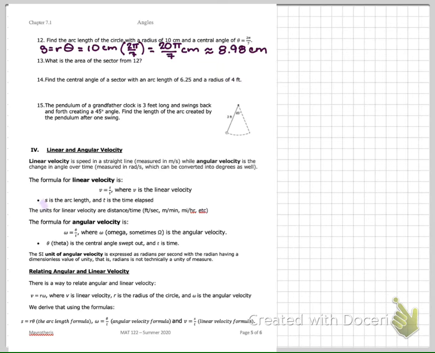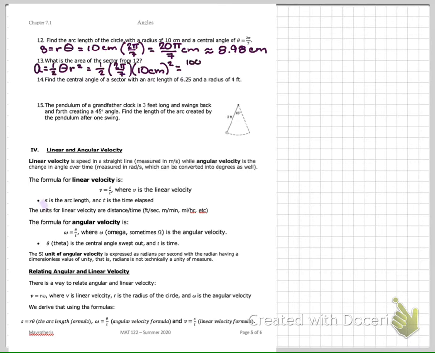So 13 asks for the area of the sector. Area of a sector is 1/2 times theta times r squared. We've got 1/2. Our theta is 2 pi over 7. And we've got 10 centimeters squared. I'm going to stick that unit in there so I remember to square the units as well.